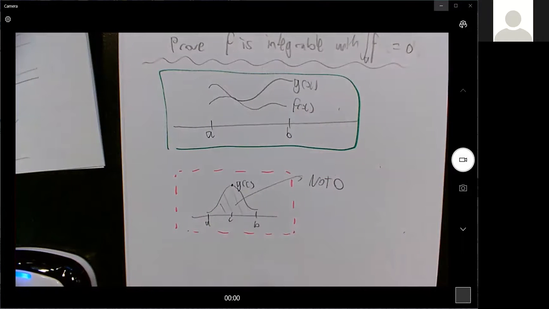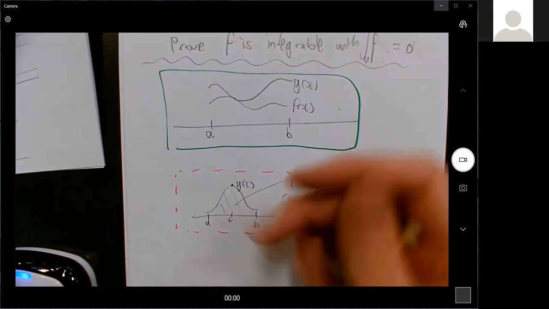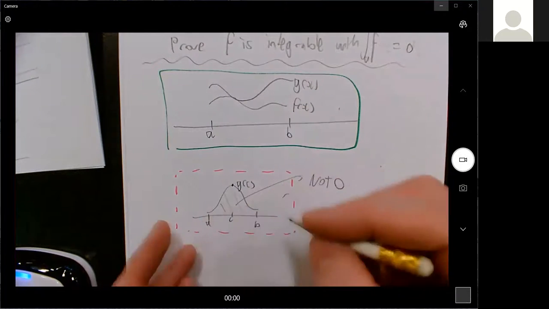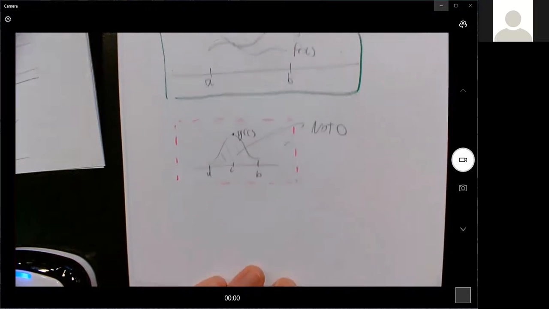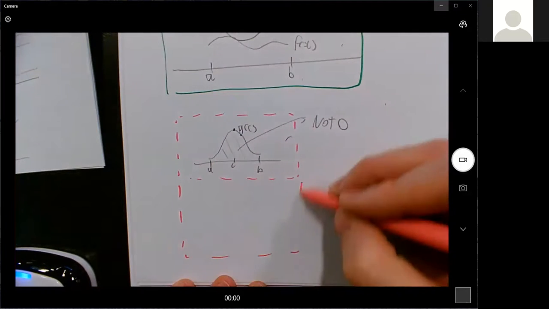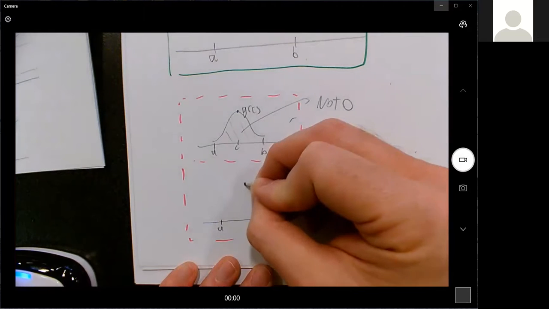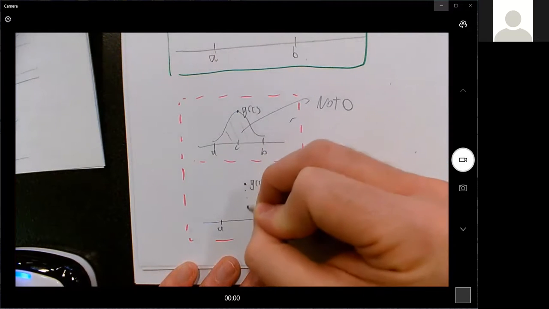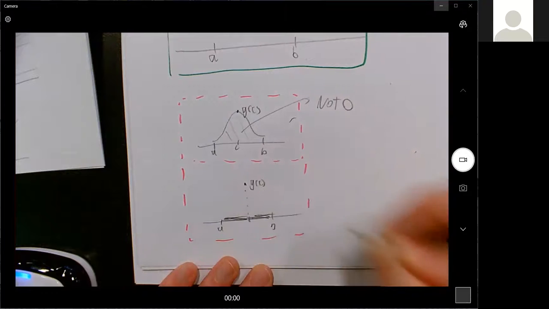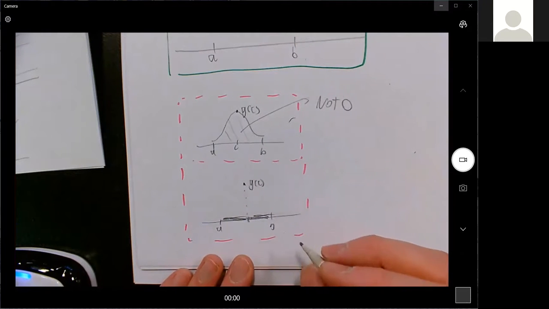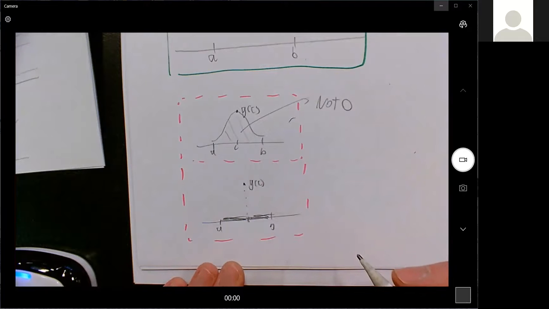So the only way that G could have a function value that wasn't 0 would be for it to just be sitting there all on its own, not with anything around it. It would have to be more like that, but the rest of G is 0, something like that. Because that could totally happen, right? Because they said that G might not be continuous. And I think this is why this warrants a proof.